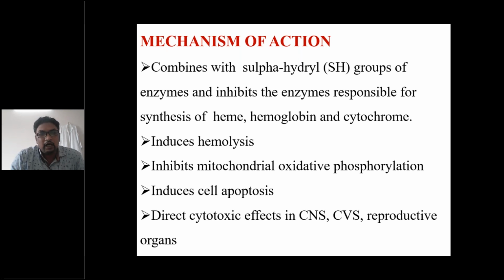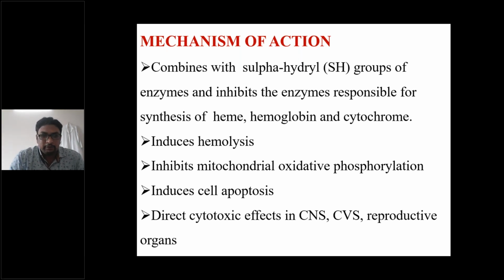These three are inhibited, mostly the hemoglobin synthesis. So lead combines with the sulfhydryl groups of the enzymes, and they inhibit the enzymes which are responsible for the synthesis of heme, hemoglobin, and cytochrome.